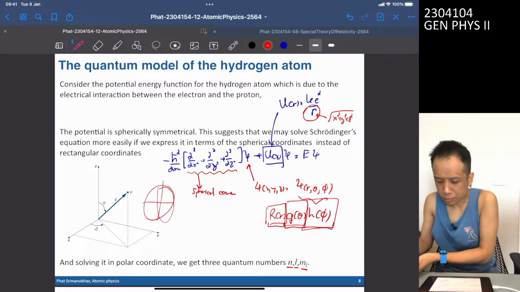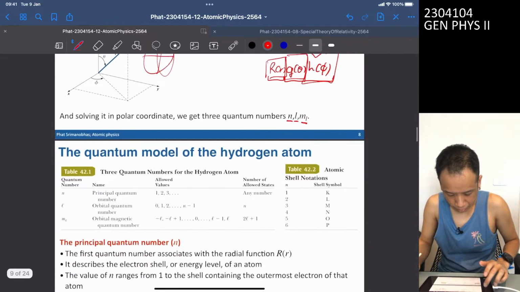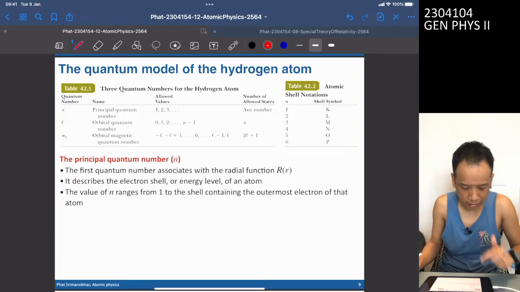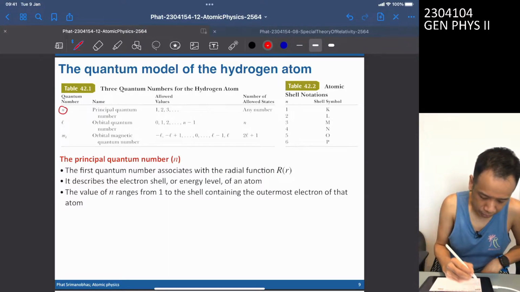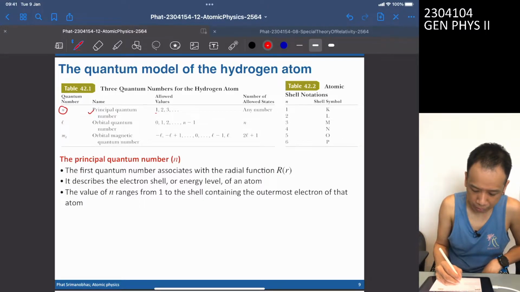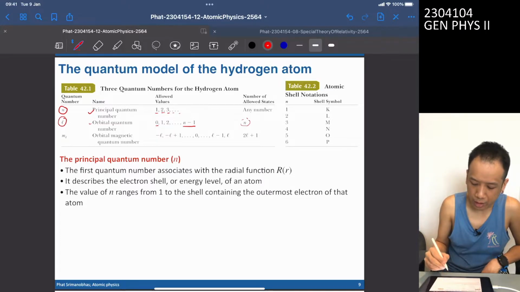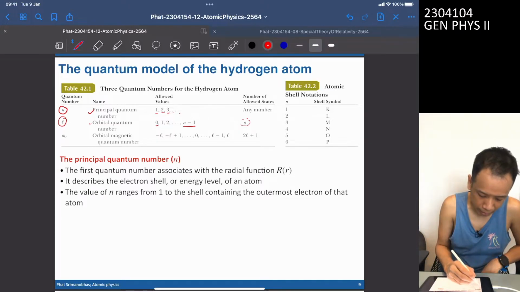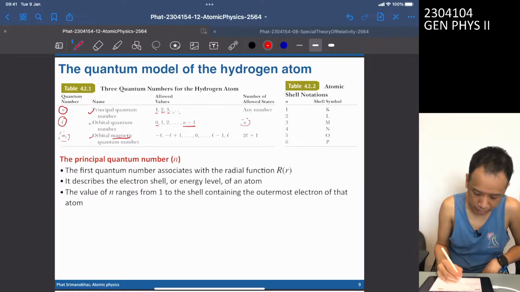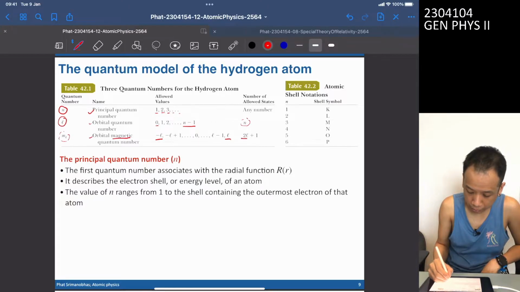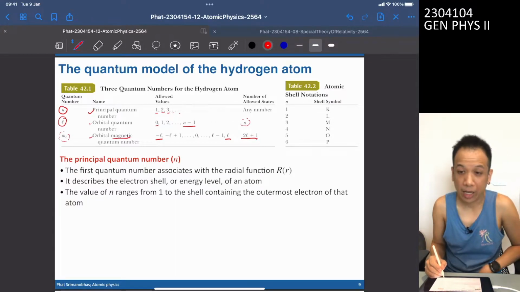Let's look at the numbers first. n is called the principal quantum number, and it takes values 1, 2, 3, and so on, any integer. Then you have l, which we call the orbital quantum number, and it goes from 0 to n minus 1, so it has n values. For m_l, we call it the orbital magnetic quantum number, and it varies from minus l to l, so you have 2l plus 1 allowed states.